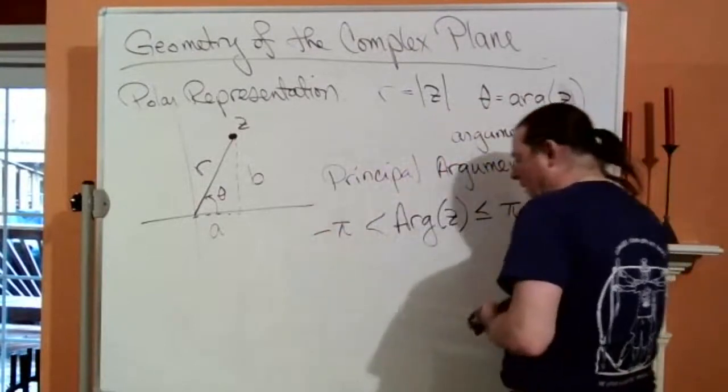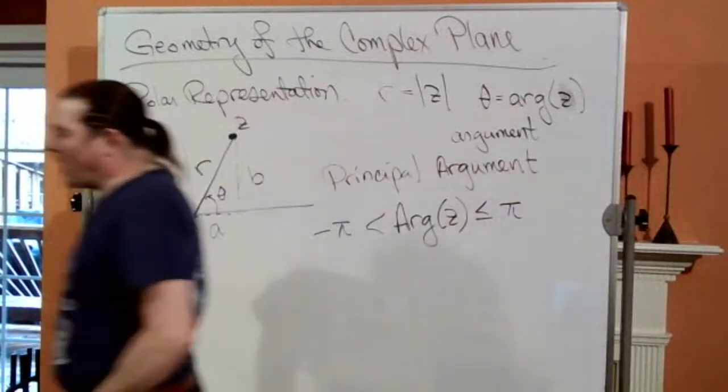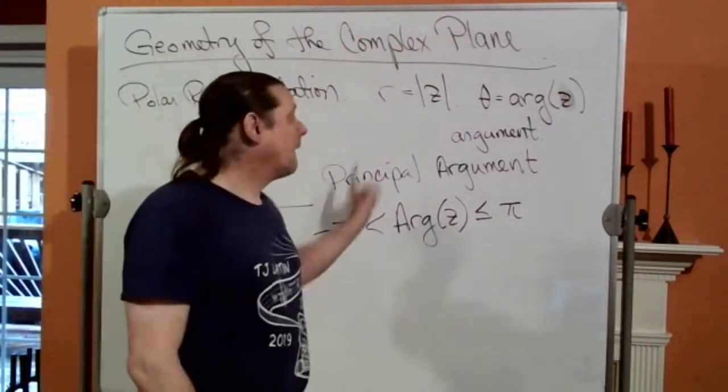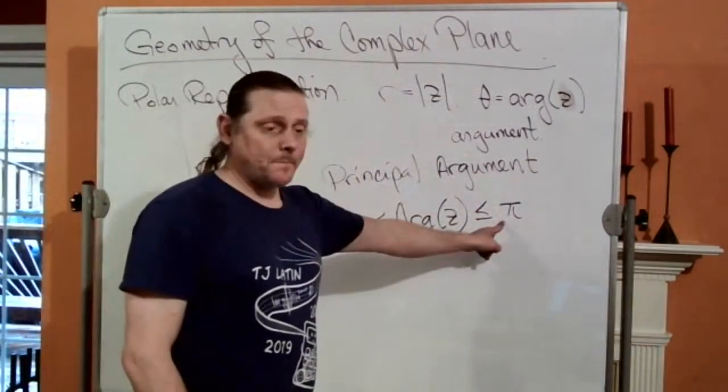The principal value of the argument is the one that lies between -pi and pi.